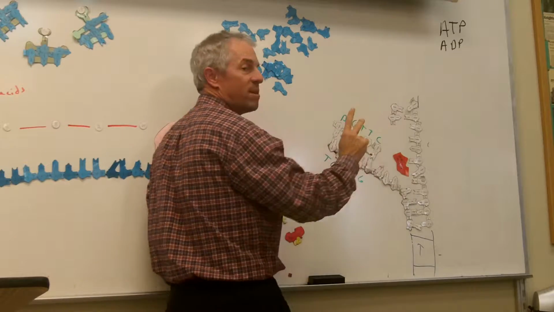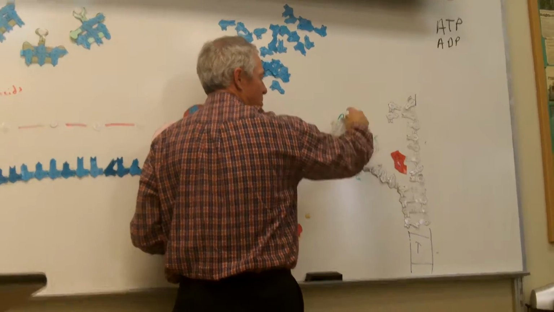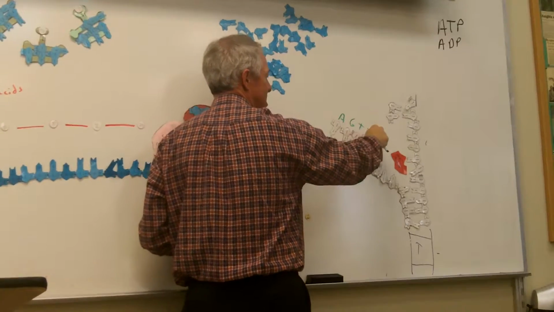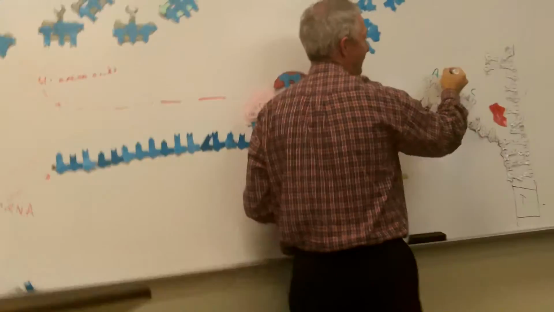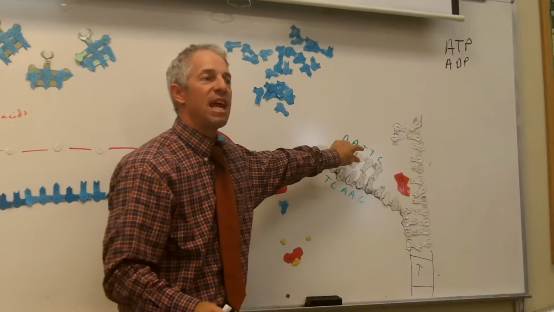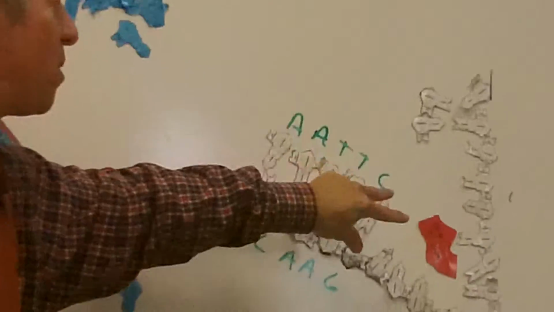But what if there was a mistake where the wrong nucleotide was put in, and instead of AGTTC, it was AATTC? That is a mutation. A mutation is when the wrong nucleotide gets put into the DNA strand during replication. And it can screw things up.